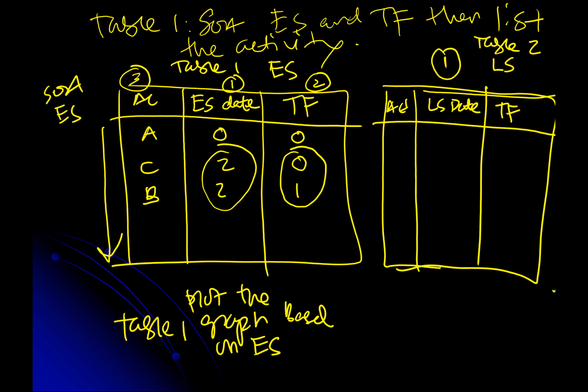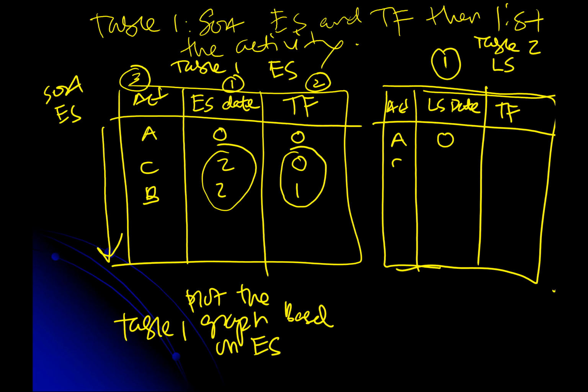For sure, the earliest late start date would be 0, and this could be A. What could be the next activity? Similarly, you do that. Let's say the next activity based on the total float could be similar to this one. If it is similar, then similar.